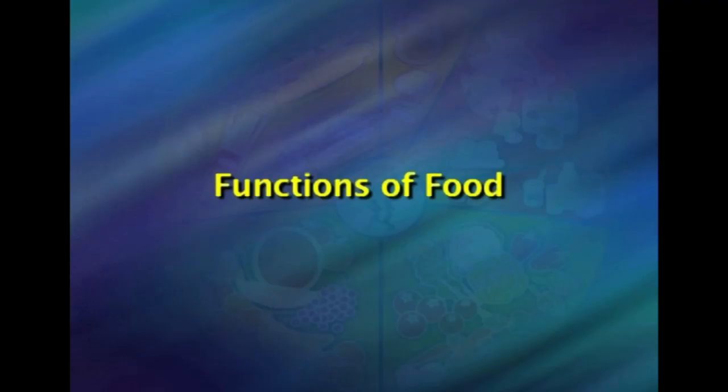So we classify them into 4 different categories. Now we have seen what is the definition of nutrition, the nutrients. We have also seen the various functions of the classification of food. Now we are going to understand what are the functions of food.